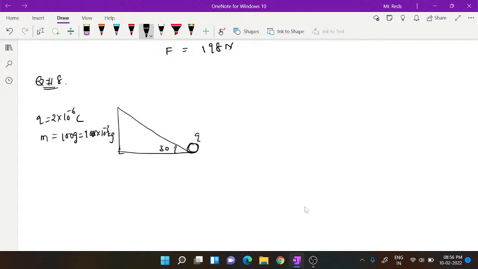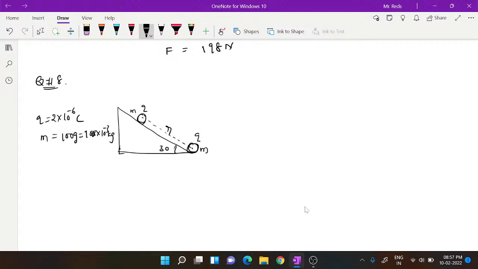Then the distance of another particle of the same mass and charge placed on the incline, where should we keep it so that it may remain in equilibrium? Somewhere we have to keep another charge on the incline at some distance, with mass m and charge q, so that it is in equilibrium.